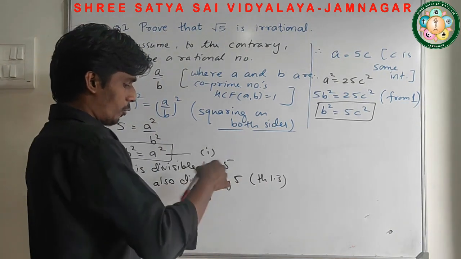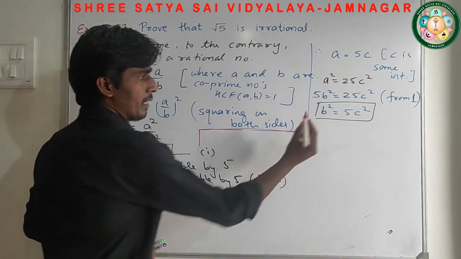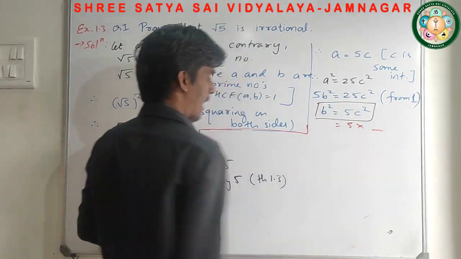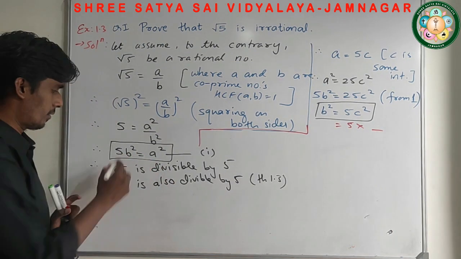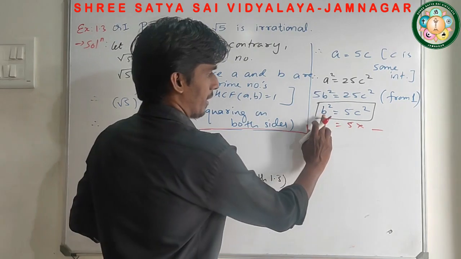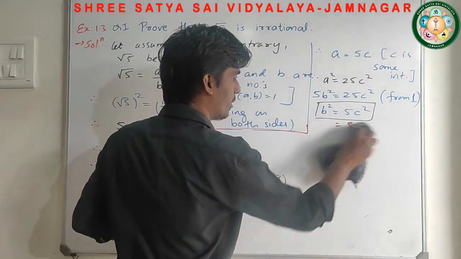After this much part, we have to write down the conclusion of this. Now, as I told you, b square is 5 into something, and similarly, a square is 5 into something. So I can say that b square is divisible by what?